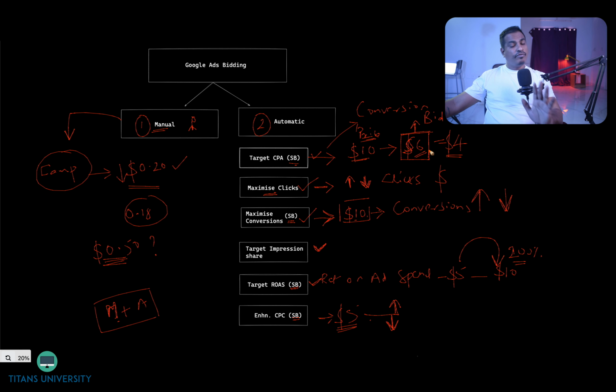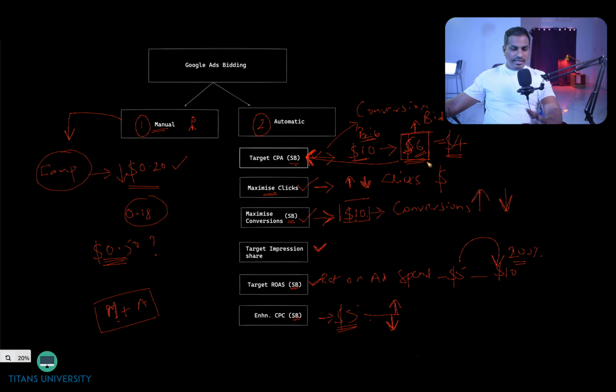If Google is getting me a conversion for $6, I'm okay to spend $6. So what is your target CPA? What is the target price that you have to get a conversion in your mind? It's $6. So you will go ahead and choose $6 as your target CPA, and Google will show your ads in such a way that you get as many conversions as possible at your target CPA, which is $6.